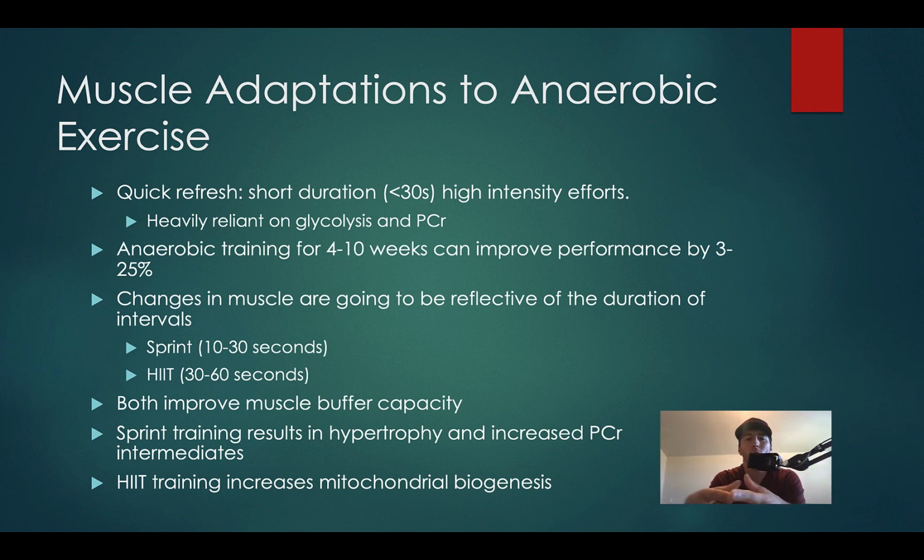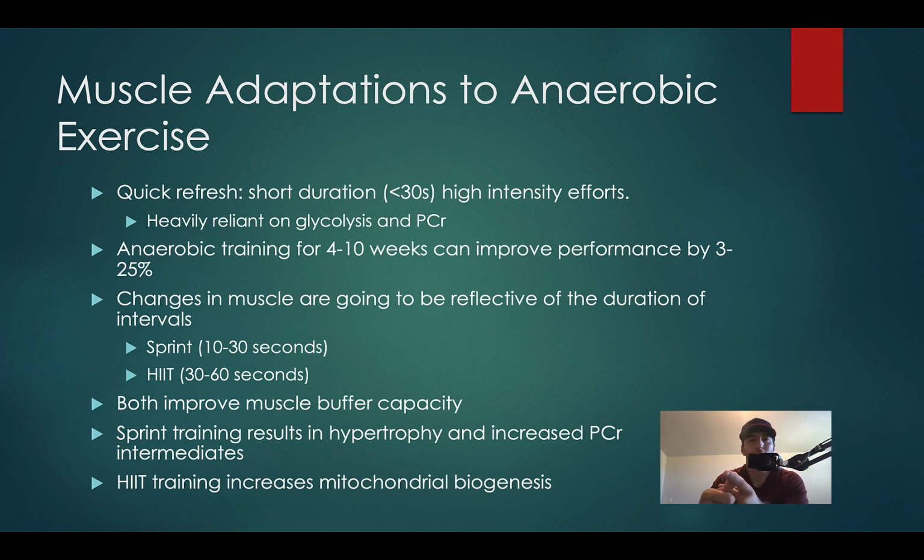But when we start going through things like quick burst activity, like repeated 40s, repeated 50s, suicides, that type of stuff, that are short duration but high intensity, you're going to be more reliant on glycolysis and phosphocreatine system. So you're not going to get the same level of fat burning. You're not going to get the same level of transition from type 2 to type 1. But you're going to get better at that anaerobic sport.